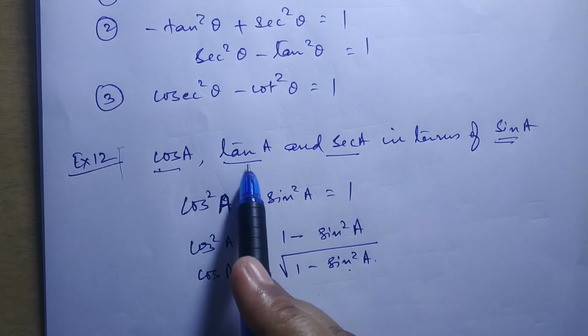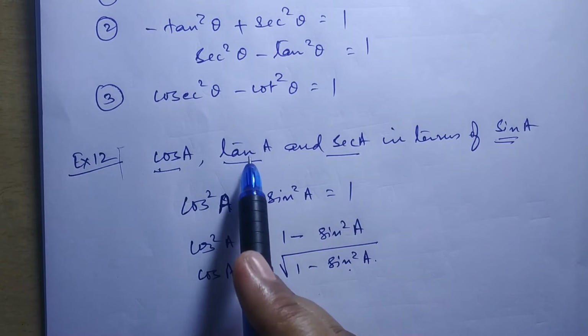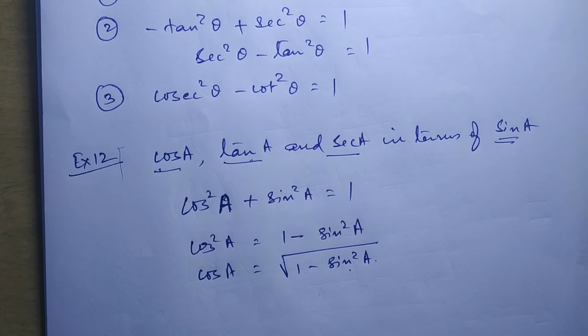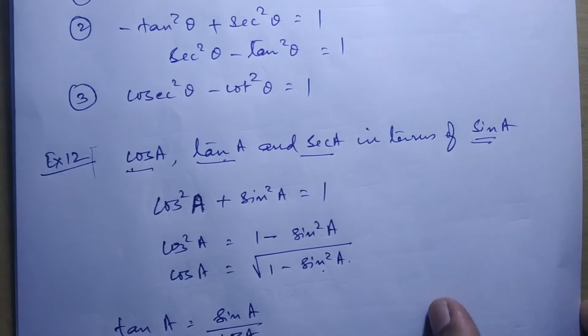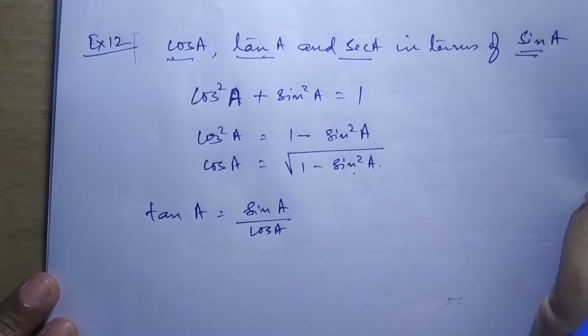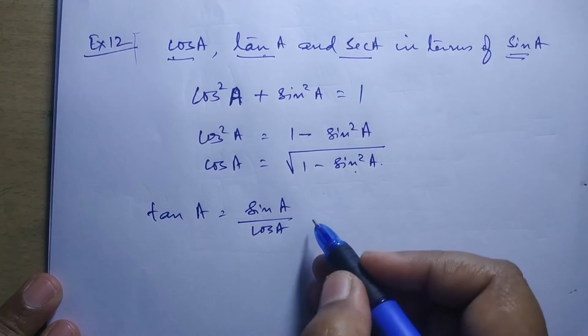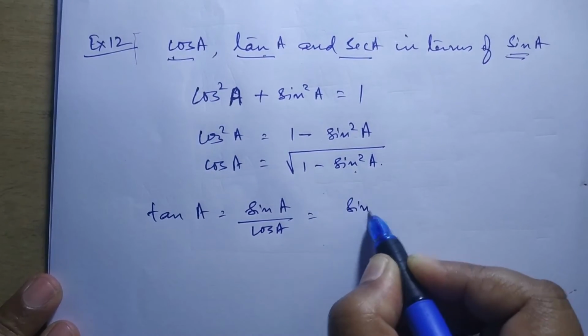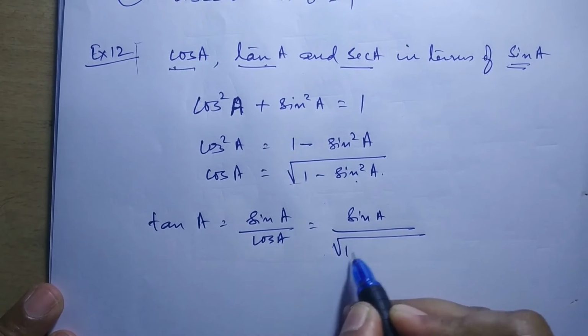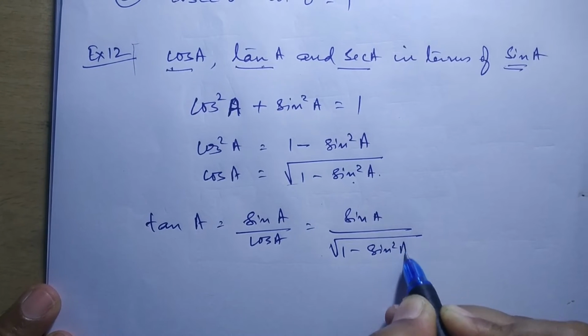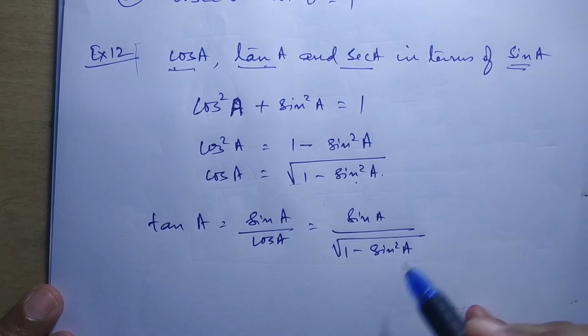Okay. Second, what is tan A? Tan A in terms of sin A. Let us see. Tan A is equal to sin A by cos A. Is that clear? It is sin A by cos A. Now I am writing sin A, and for cos A, I have got it here: root over of 1 minus sin square A. Okay, clear?